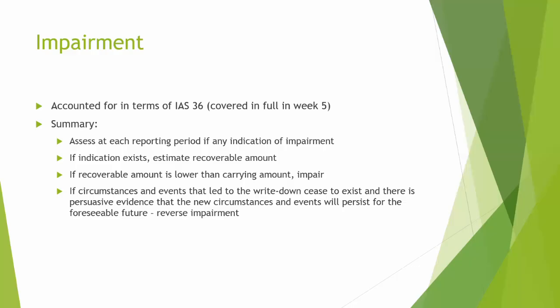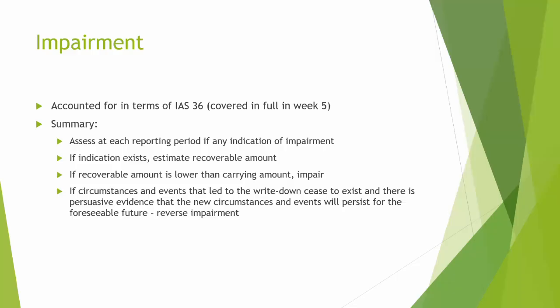So at this point, we'll cover a summary of what you should already know about impairments and that you would be able to apply at this point. And then we would go through the more stringent criteria of impairment and the actual standards when we cover the impairment standard in week 5.